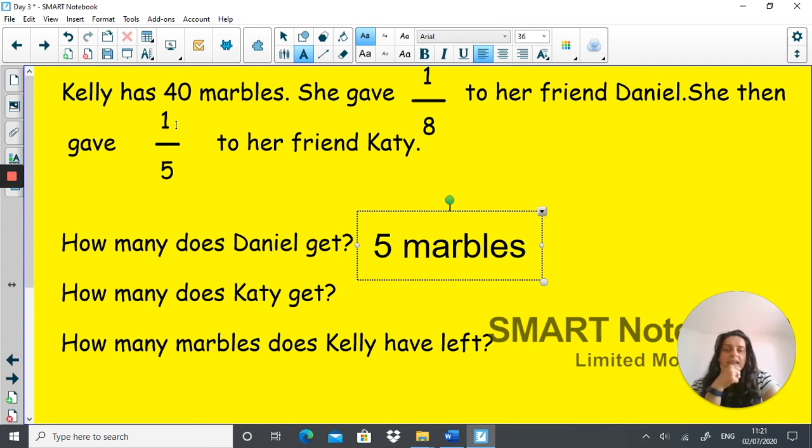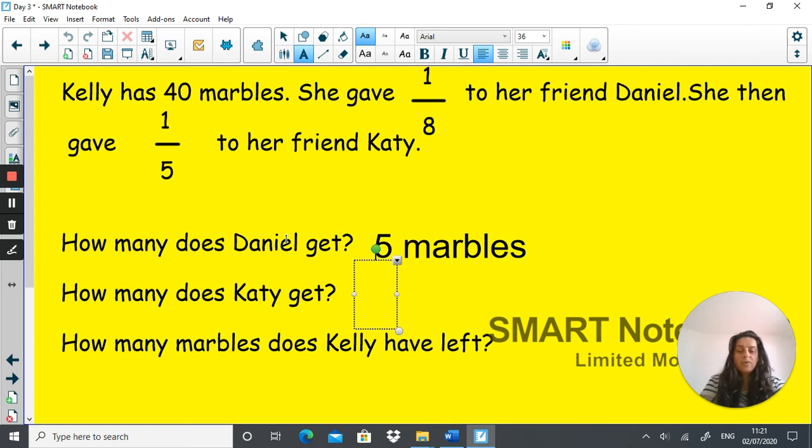And Katie gets a fifth of 35 marbles, doesn't she? So then you do 35 divided by 5, which equals 7 marbles. So if Daniel gets 5 marbles and Katie gets 7 marbles, then how many is she left with?